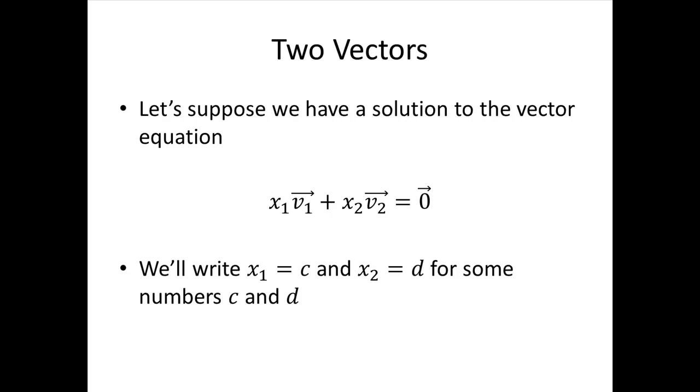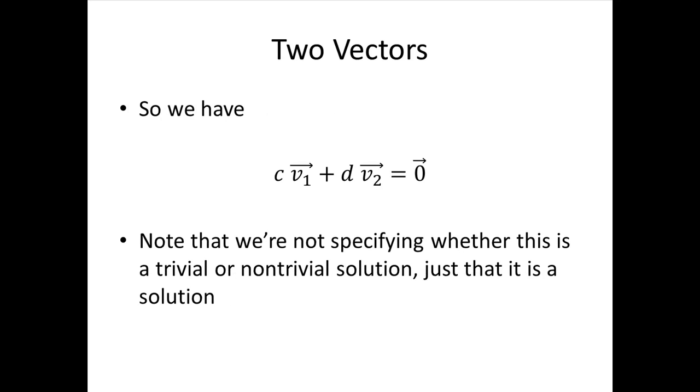So we had specific numbers, x1 equals some number, let's call it c, and x2 equals some number, let's call it d, where x1 times v1 plus x2 times v2 equals the 0 vector. So that means we have c times v1 plus d times v2 equaling the 0 vector.